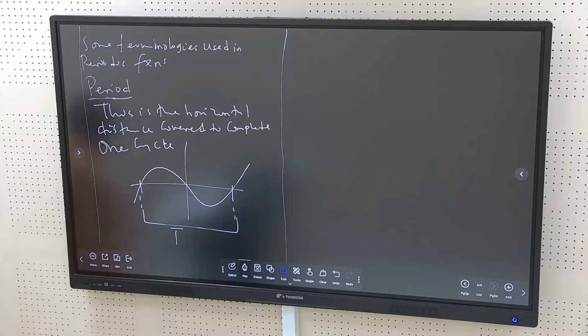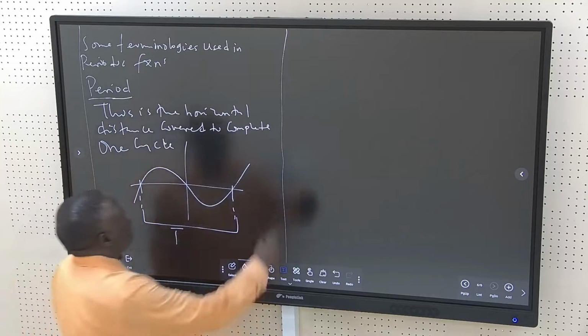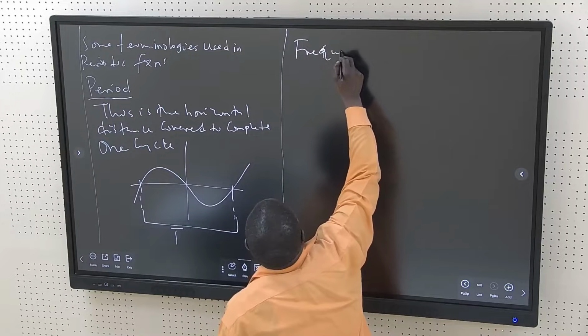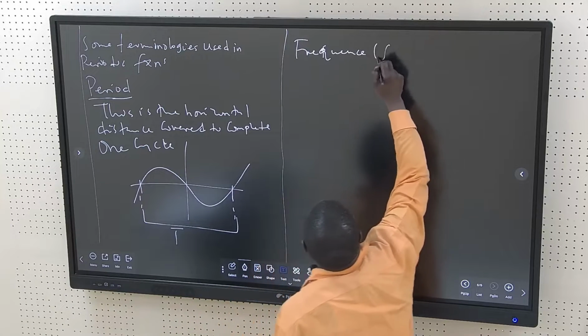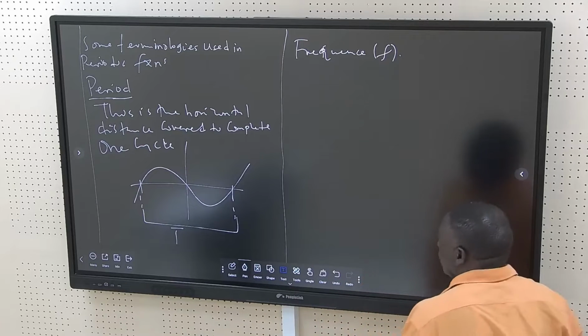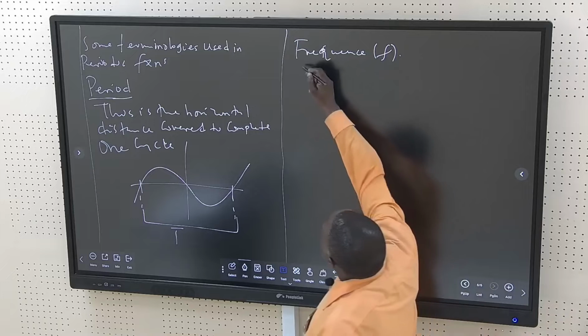Next, we have a frequency. Frequency is the number of circles completed per unit time.